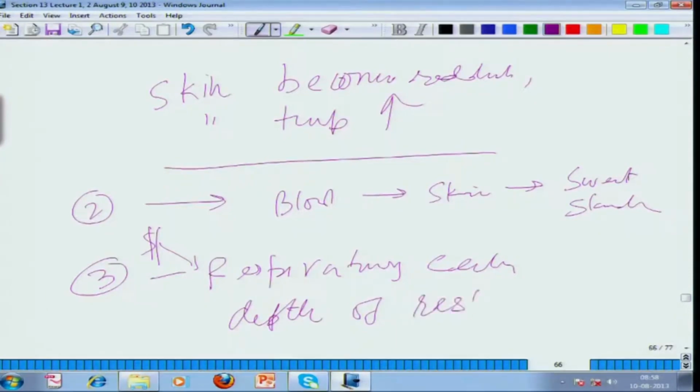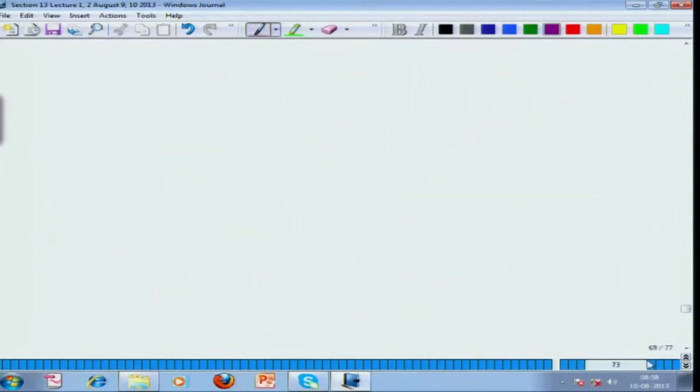Depth of respiration increases, and what happens under such a situation is that often an individual begins to respire through an open mouth rather than through the nasal pathway. Instead of the nose, you start taking air in from the mouth.